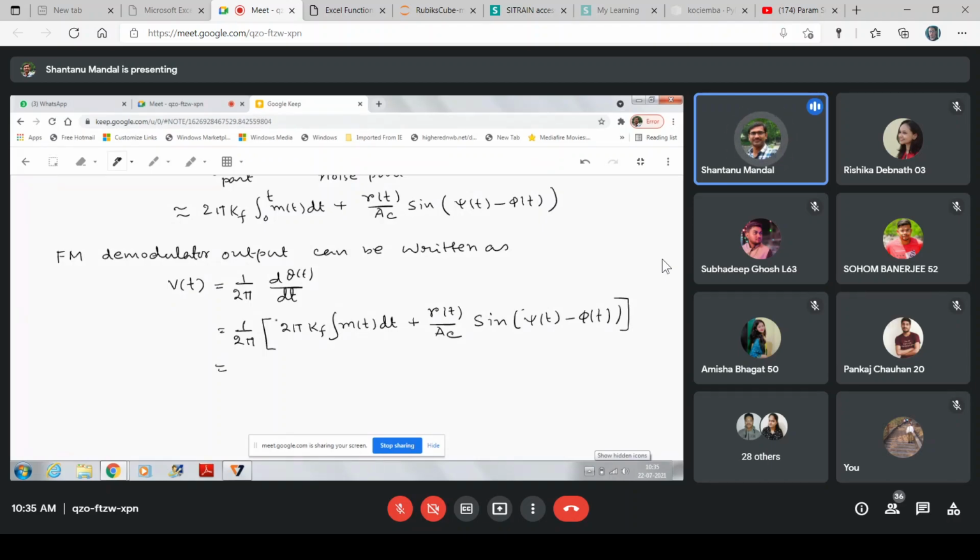Now this is into d/dt. So d/dt of this equals kf into m(t) for the first part, plus 1 by 2 pi AC into d/dt of R(t) into sine of psi t minus phi t.